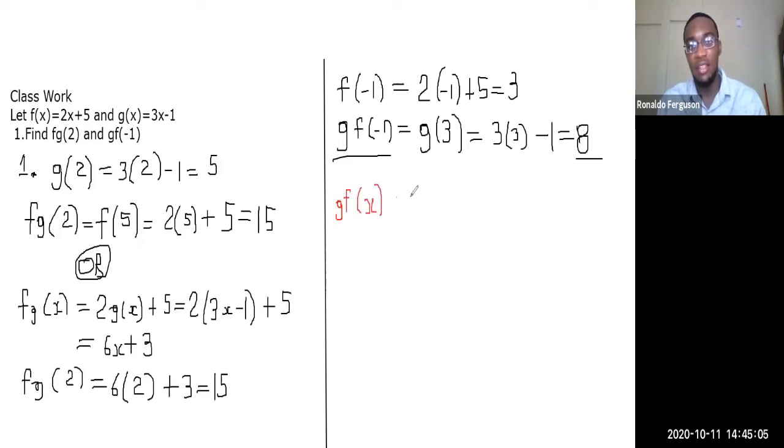To find gf of x, that would be equal to g, we're putting f of x into g, and so it would become 3 times f of x minus 1. Wait, f of x is not 3x minus 1. f of x is 2x plus 5. So that's 2x plus 5.